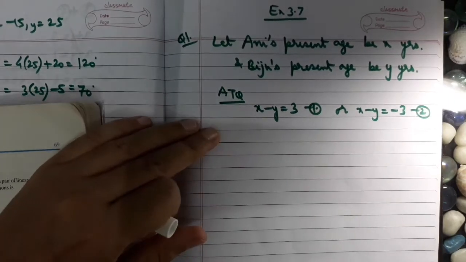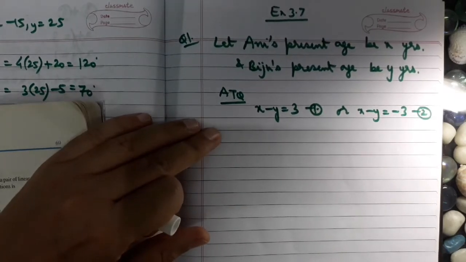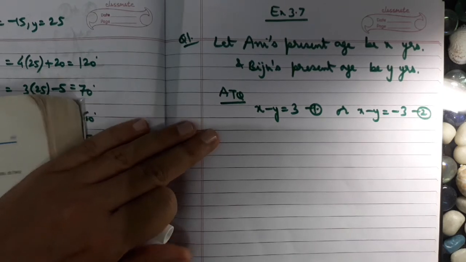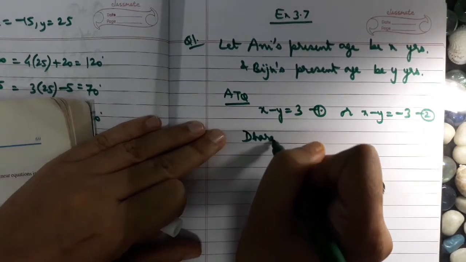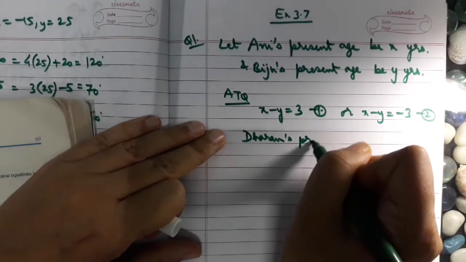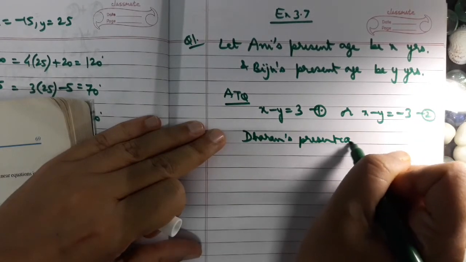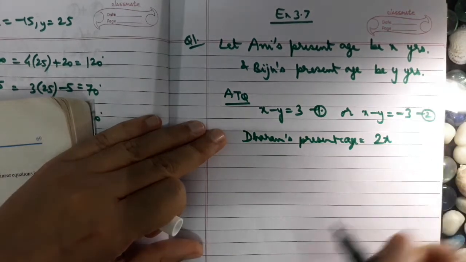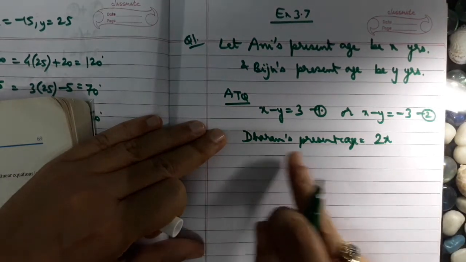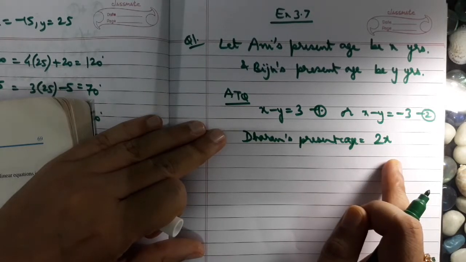After that they are saying Ani's father Dharam is twice as old as Ani. So Dharam's present age would be twice Ani's age, which is 2x.